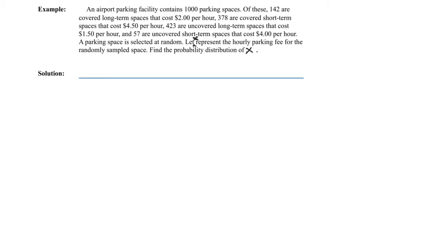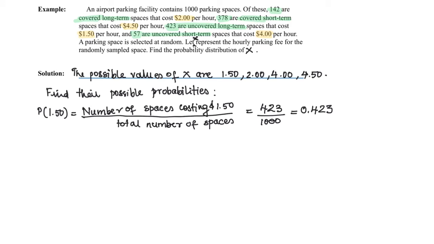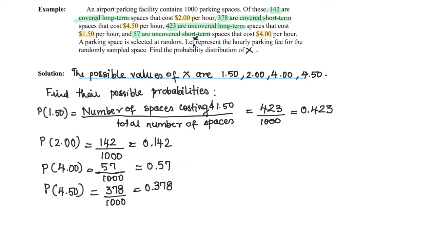Please read the question. Possible values of X are 1.50, 2, 4 and 4.50, and find their probabilities. P(1.50) means the number of spaces costing $1.50 divided by the total number of spaces. Now find the probability of each one and make a probability distribution table.